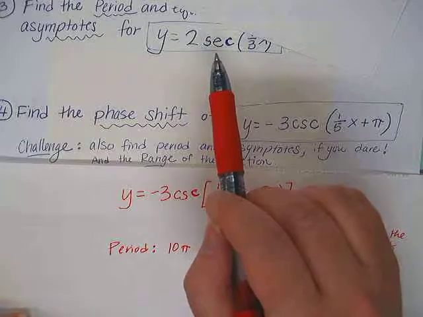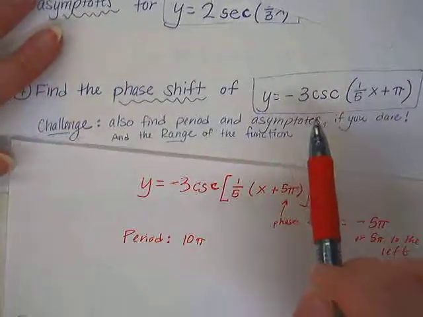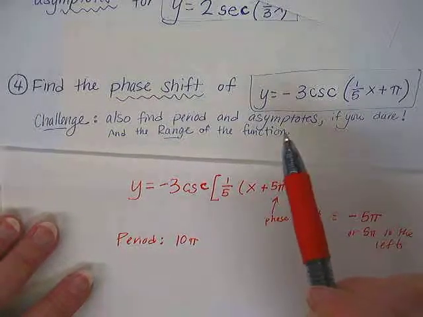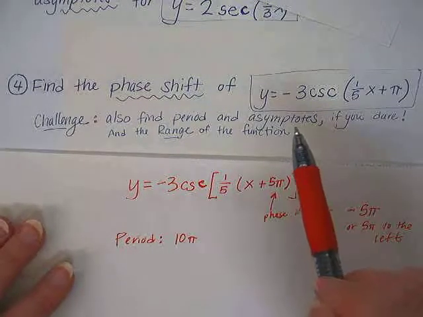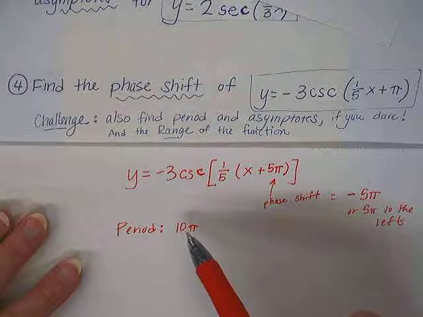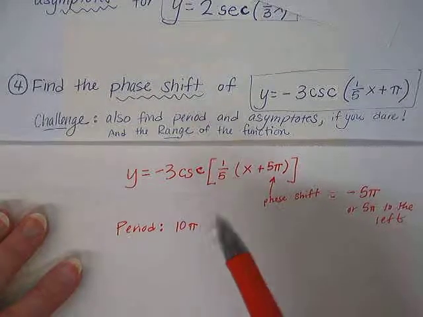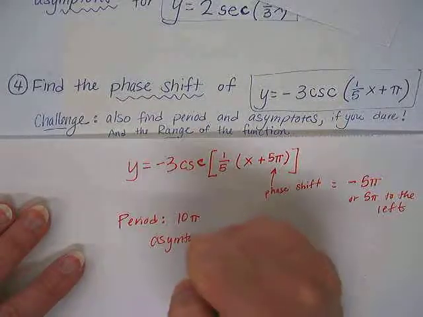And then the asymptotes for cosecant. Now, secant goes with cosine, and so therefore the asymptotes are at pi values. But cosecant goes with sine, and that means your first x-intercept is at 0, and then they're a pi distance apart. But in this case, because of the period being 10 pi, instead of them being pi apart, they're going to be how far apart? 5 pi apart.